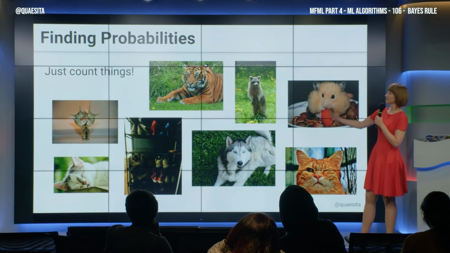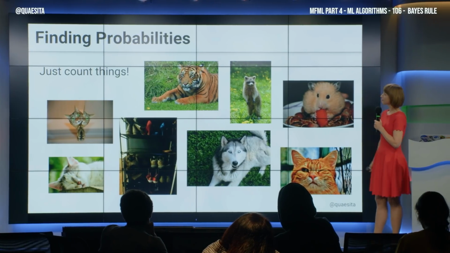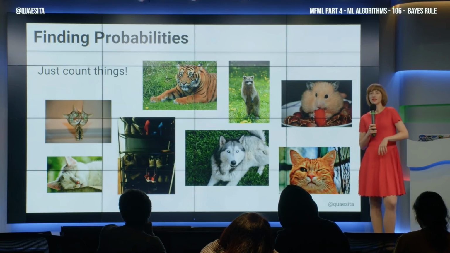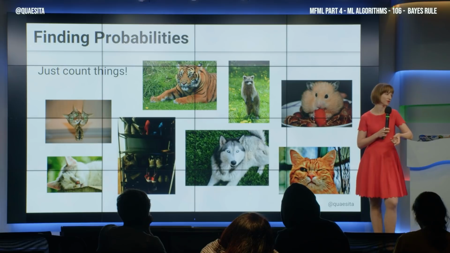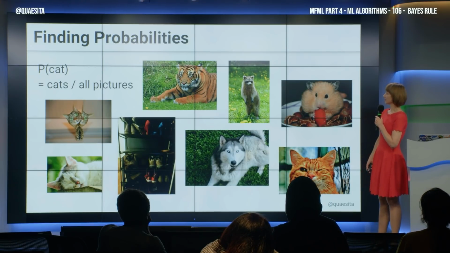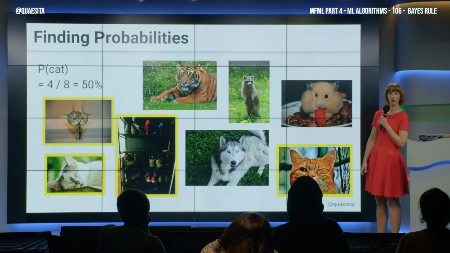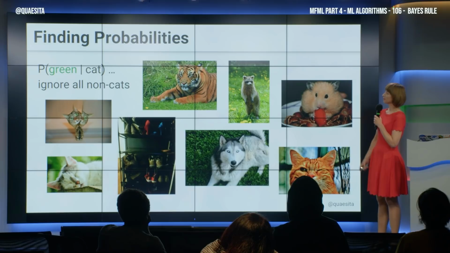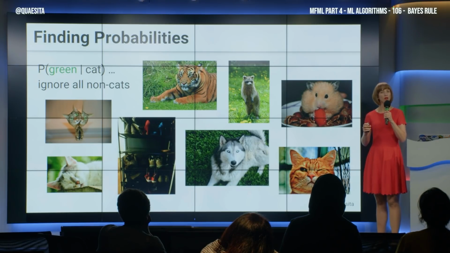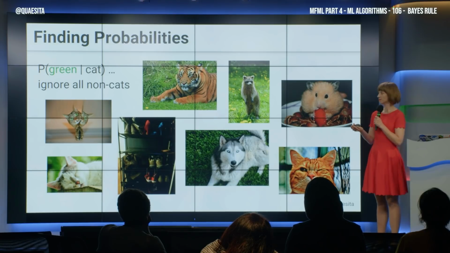So what does this boil down to computationally? It's all about counting things. In fact, we're going through this quick little demo just to show you the simplicity of the operations involved. Super simple. Look at this. Probability of cat. How do we get that? How many pictures? 8. How many of them are cats? 4. 50%. How about probability of lots of green pixels in a world where cat? Well, very simple.